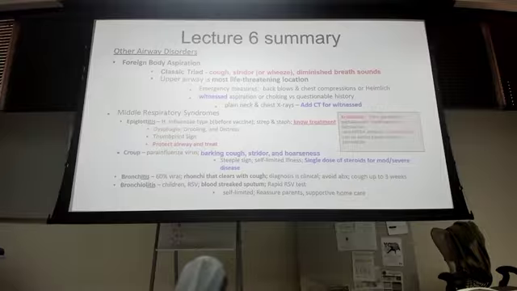Emergency measures. Back blows and chest compressions, what's the age for that? All right, so if I say 18-month-old baby with suspected foreign body aspiration and difficulty breathing, should you do back blows and chest compressions or Heimlich? Remember, per the slides, less than 1 year old, it's back blows and chest compressions.